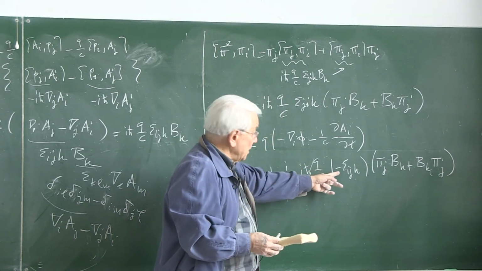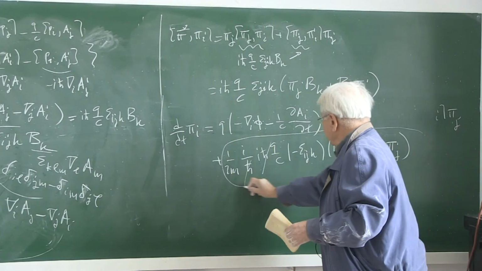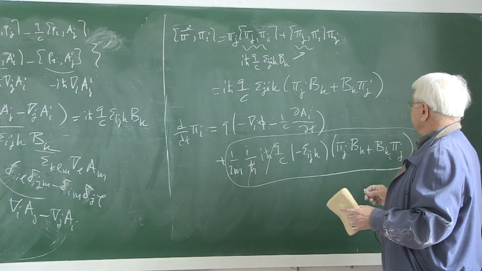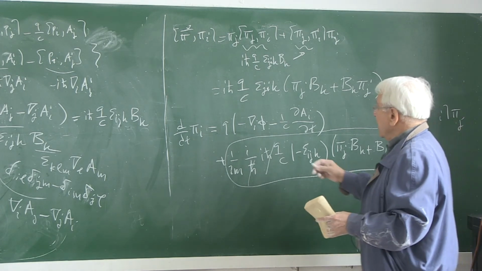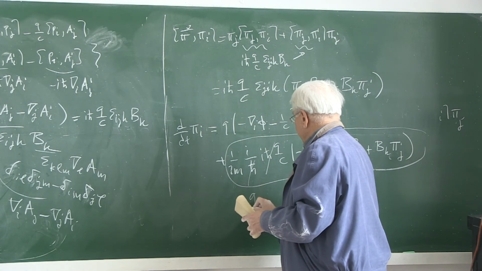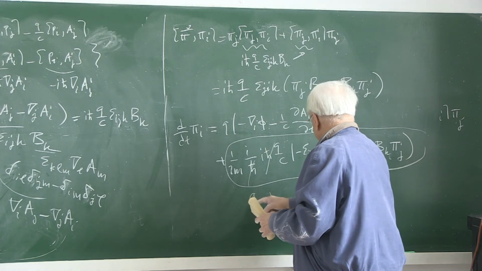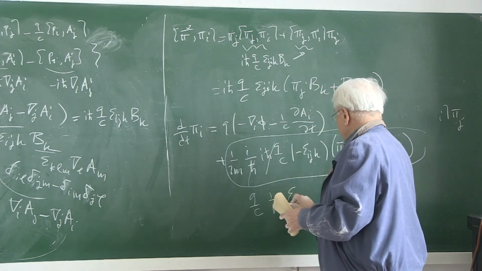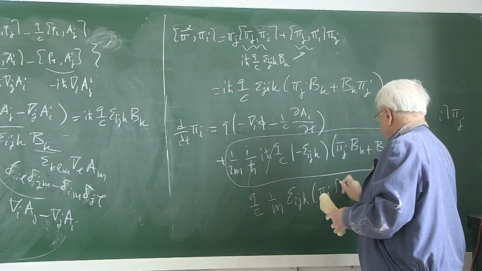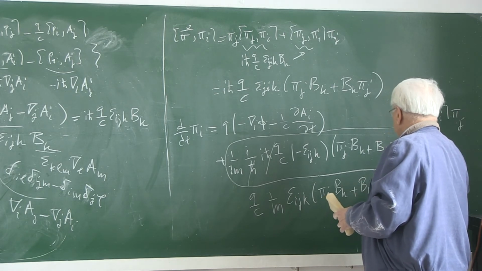There is another minus sign, plus. So there is a q over c. There is m, 1 over m. These things are cancelled. Epsilon ijk, pi_j b_k plus b_k pi_j, right?